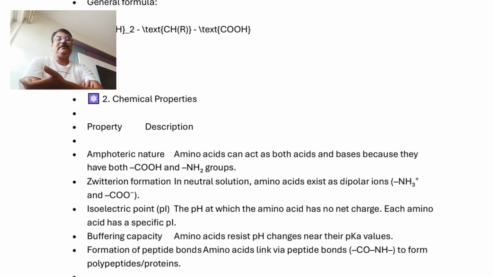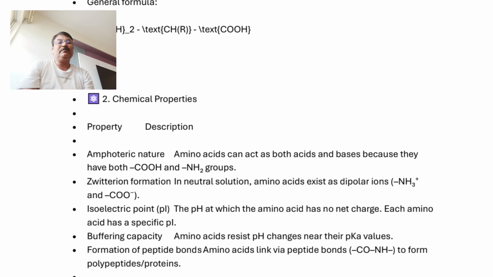By adding some acid or base, it forms a buffer and opposes the change in pH of the solution. Such a property is known as buffering capacity, and this buffering capacity arises again due to formation of the zwitterion form. So this is the fourth important property.